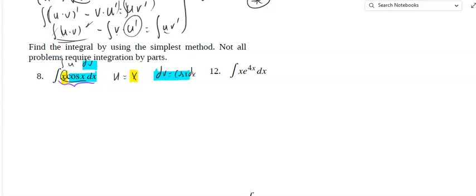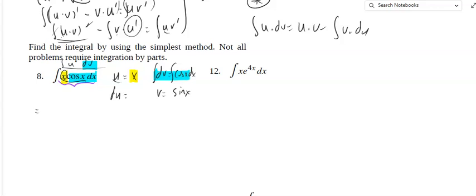And what you do, you say, look, that's the integral of u dv. And let me remind you, the integral of u dv is u times v minus the integral of v du. So this is going to be u times v. Well, I have u. I need v. To find v, I integrate. V is, what do you take a derivative of to get the cosine of x? And you're going to take a derivative every time.